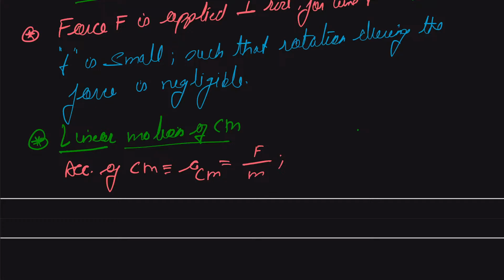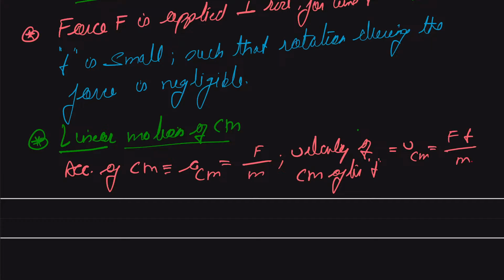We can also find out the velocity of center of mass after time t, because force is being applied for time t. So the velocity of center of mass after time t, suppose VCM, will be equal to force multiplied by time divided by mass m. Okay, this is almost similar to our first part.